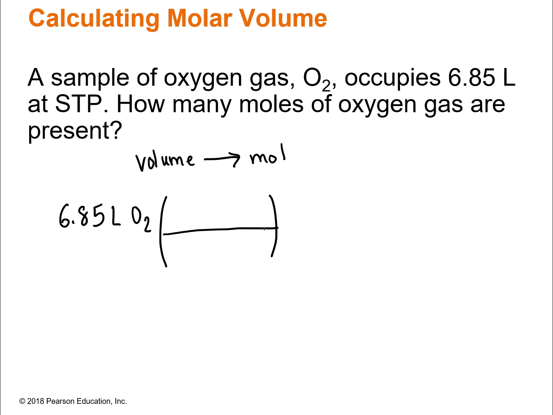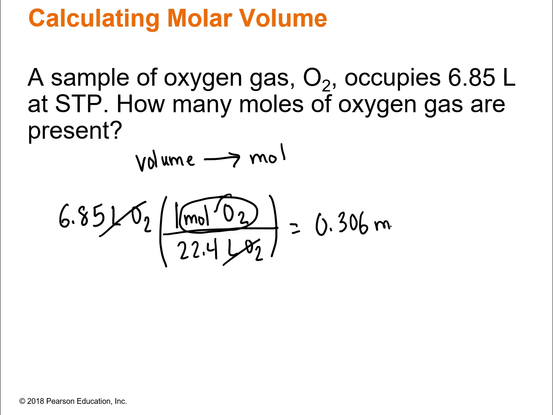So like I said before, it's the same type of problem that we just did. You're taking a volume and you're using the molar volume to convert to the number of moles. When you do that, you should get 0.306 moles of oxygen gas.